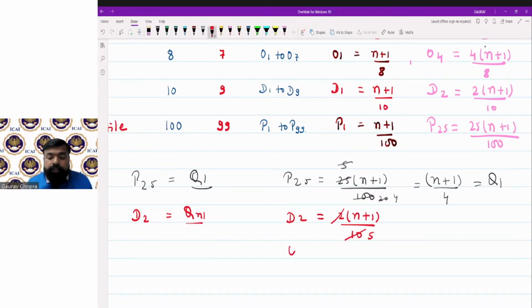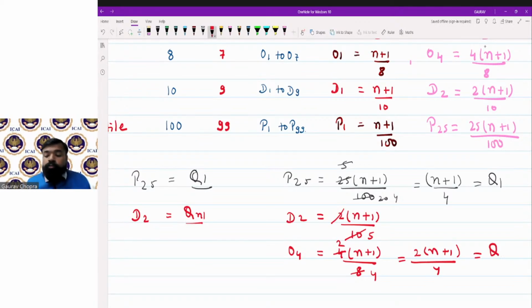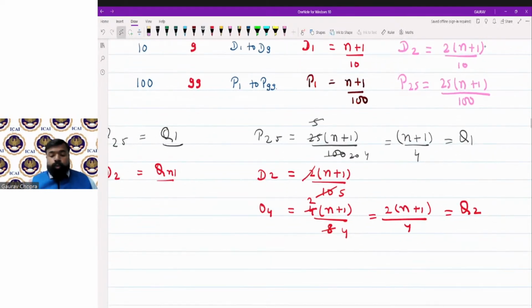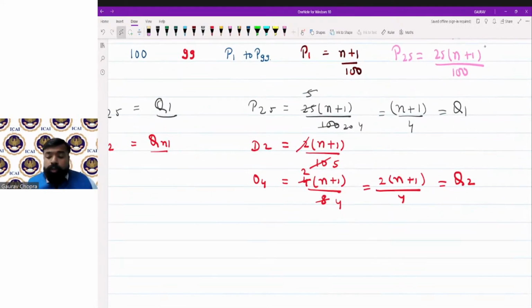Then let's take one more, O4. So 4 into n plus 1 upon 8. If we cancel by 2, it will become 2 into n plus 1 by 4. Upon 4 means quartile, into 2 means the second quartile. So O4 is equal to the second quartile, that is Q2.